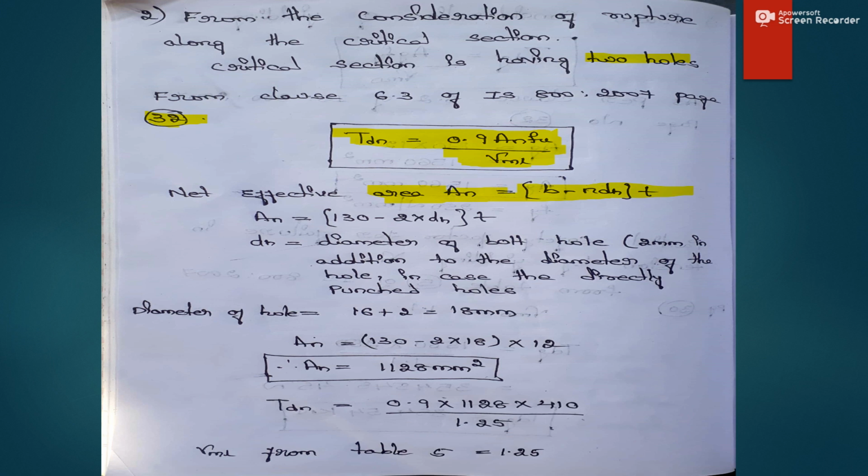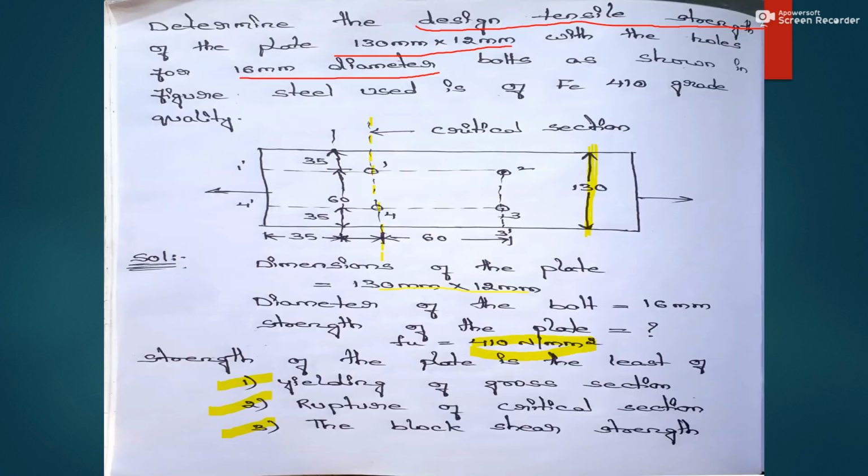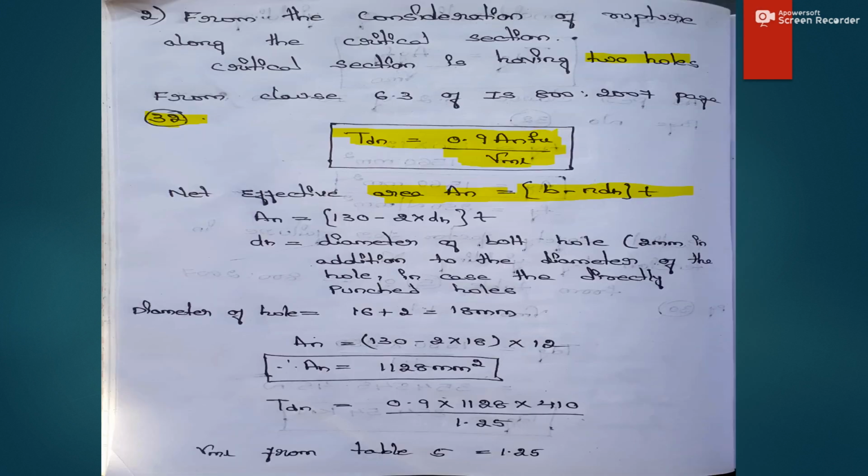So An is equal to B how much? B is equal to 130. Don't get confused, understand properly. So B is 130 minus n, the number of holes, which is 2 holes, so 2 into dh, which we need to find, and into t.